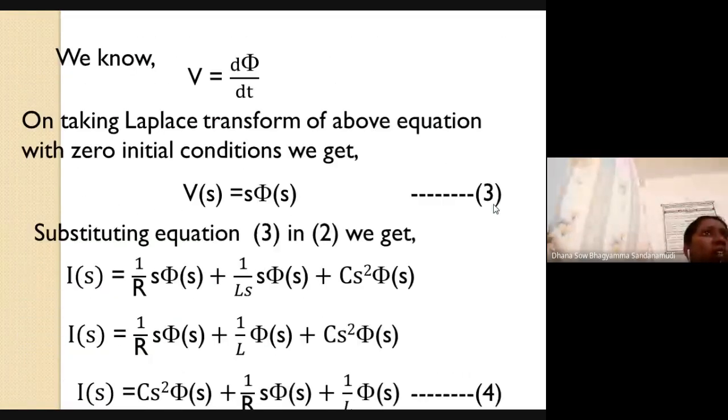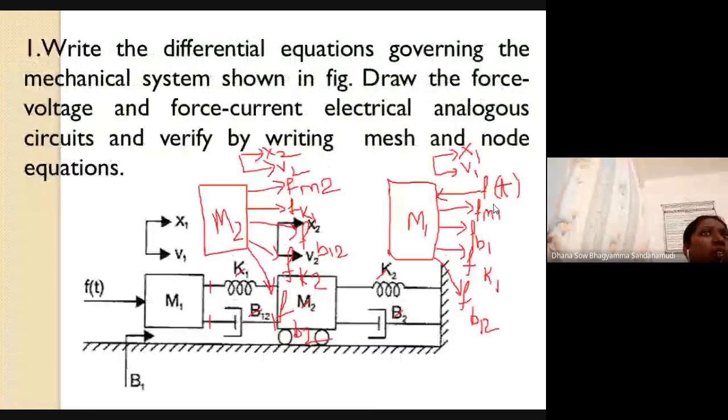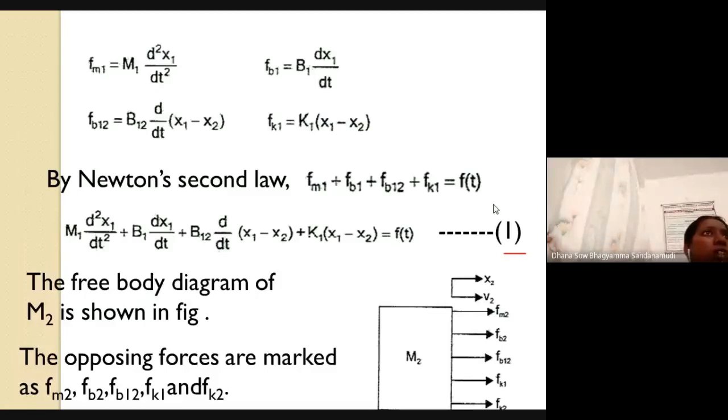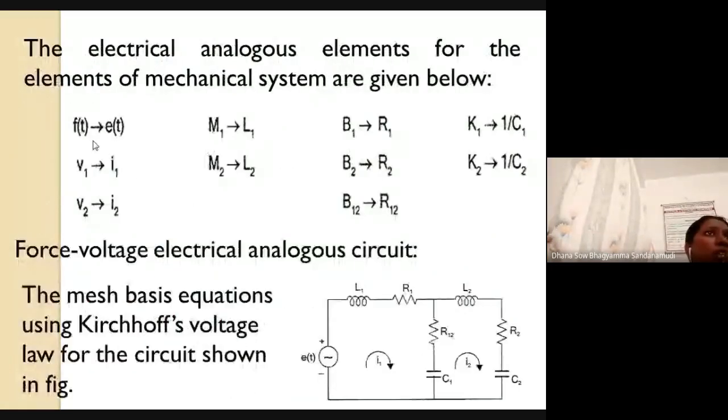If you remember that, write down all the analogous terms here. Whatever mechanical terms you have here, write them all down and replace them by their analogous elements.